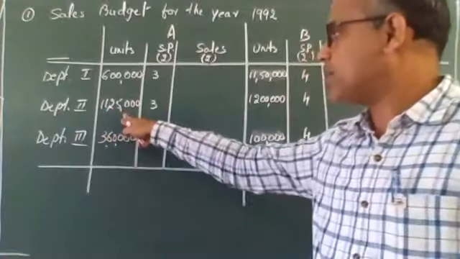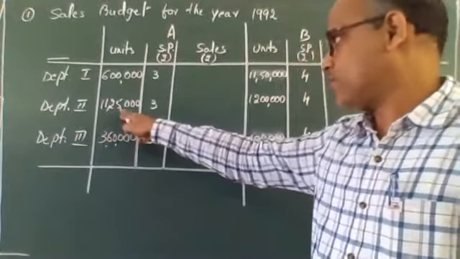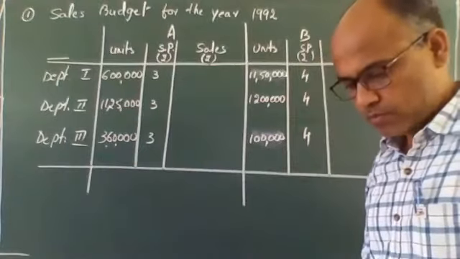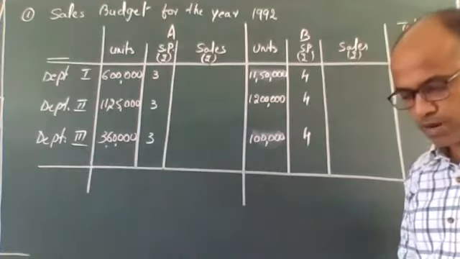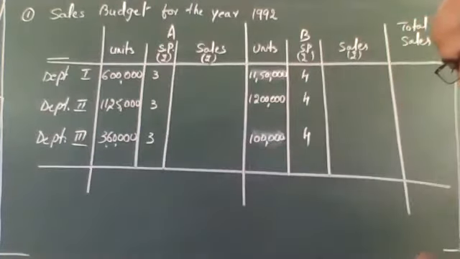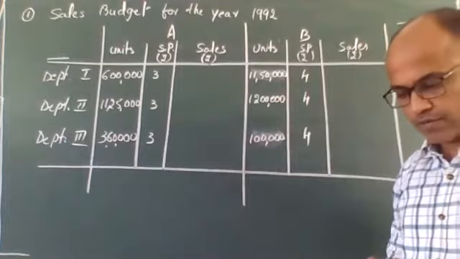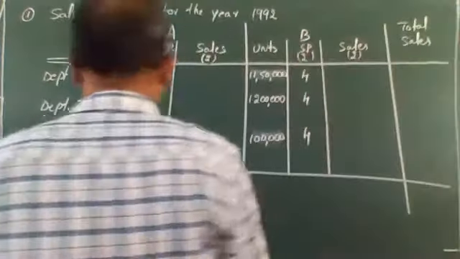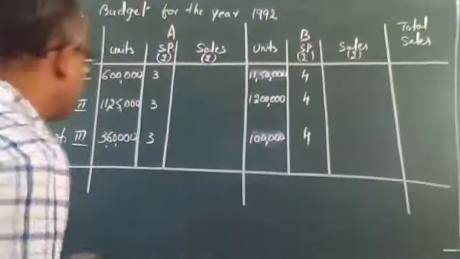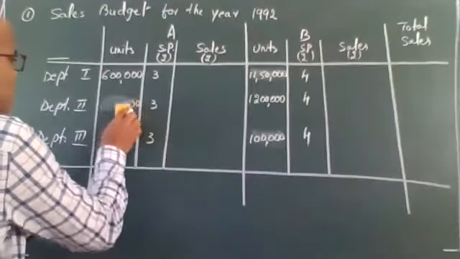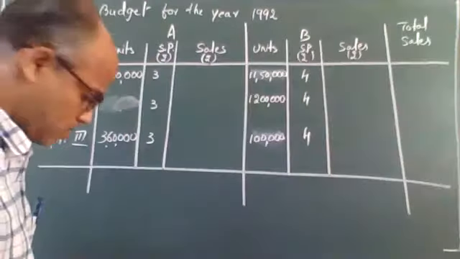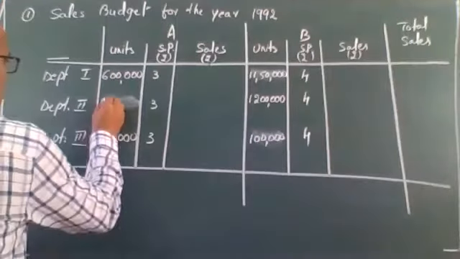So if I have to calculate 20% of this, how much should it be coming to? If you can help me with the calculation part, it is 11,25,000 into 20% gives me 2,25,000 increased. So 11,25,000 plus 2,25,000, the new sales units in this case would be 13,50,000.